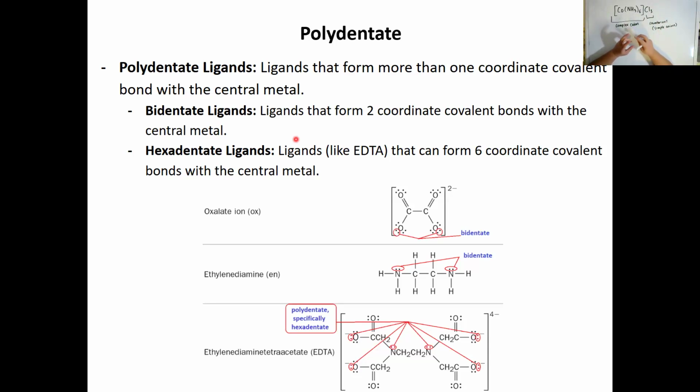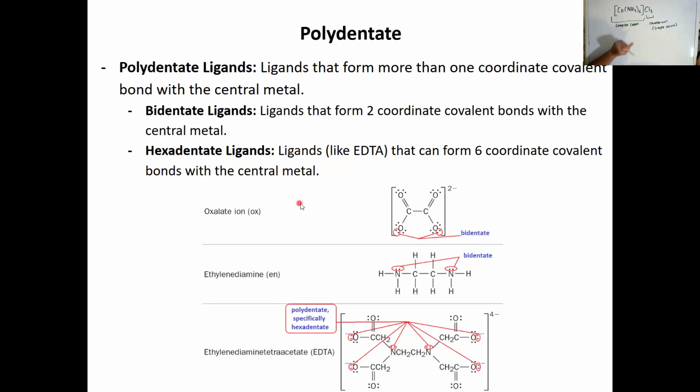Polydentate is the term that we're going to use to generally represent any ligand that can make more than one attachment with the central metal. But if you want to be a little bit more specific, we have bidentate ligands, which can form 2 attachments, and we have hexadentate ligands, which are going to form 6 attachments. All right, that's really the only variation that we're looking at here.